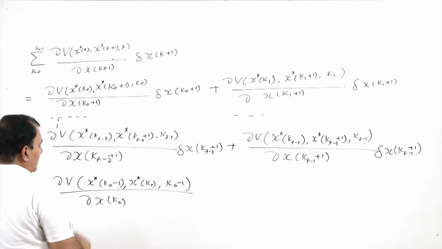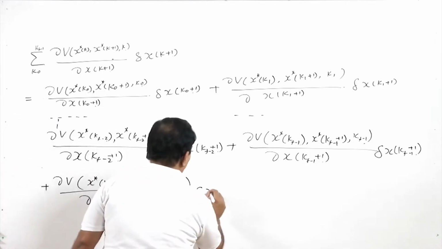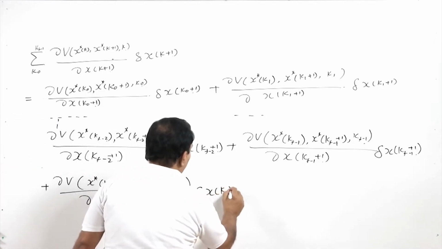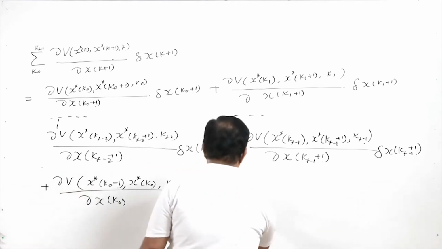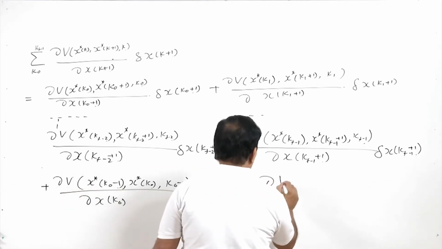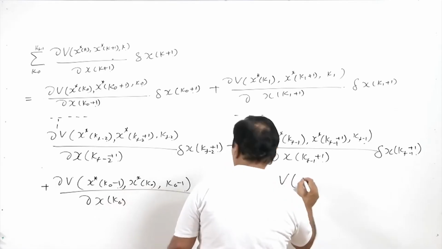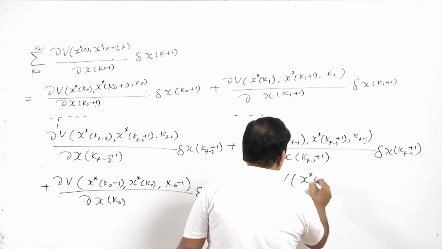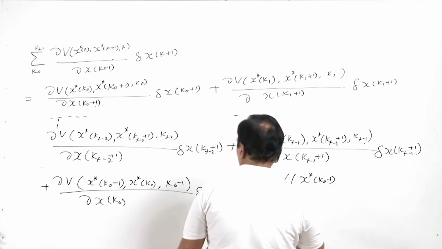So, this is k0 delta x of k0, and the same term I will subtract.